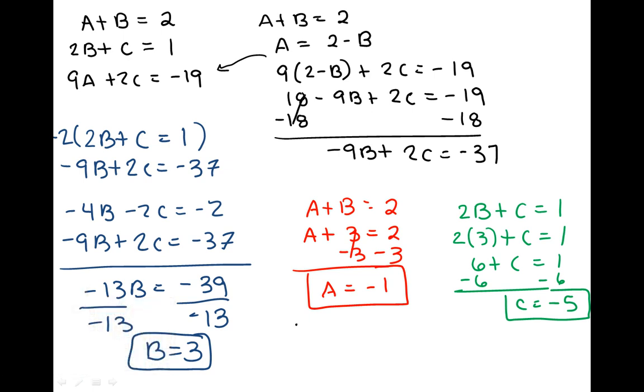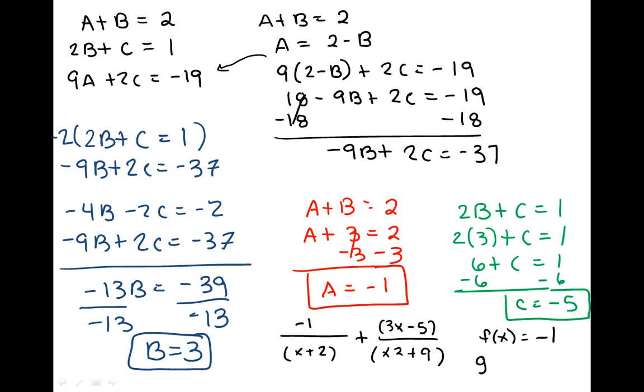A, which is negative 1, over x plus 2, plus bx plus c, or 3x minus 5, over x squared plus 9. Which means your f of x was equal to negative 1, and your g of x was equal to 3x minus 5.